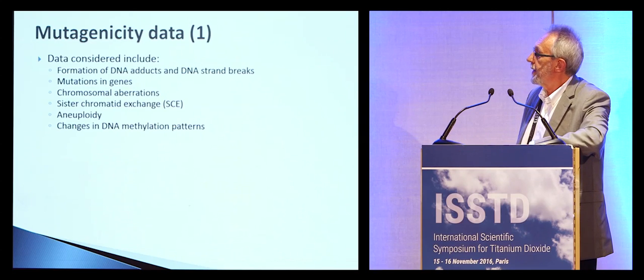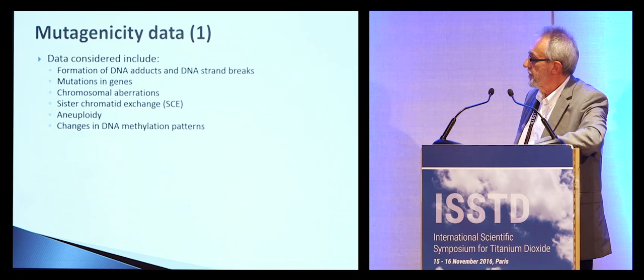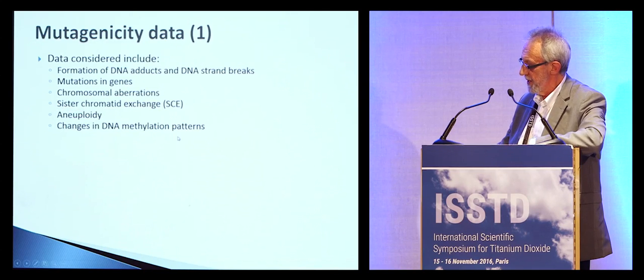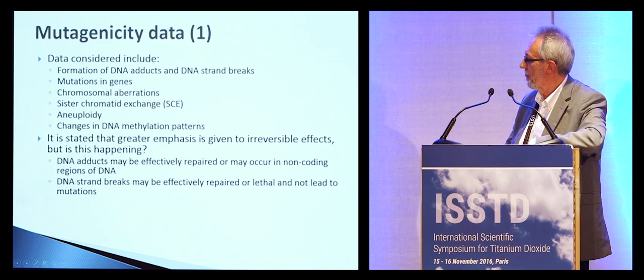So, what kind of mutagenicity data are considered, similar to what was in the IARC key characteristics table? Formation of DNA adducts and strand breaks, gene mutation, chromosomal damage, sister chromatid exchange, I'll come to this in a minute, aneuploidy, which is loss or gain of whole chromosomes, changes in DNA methylation patterns.